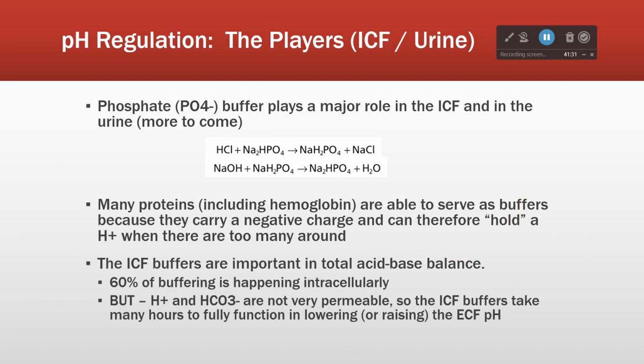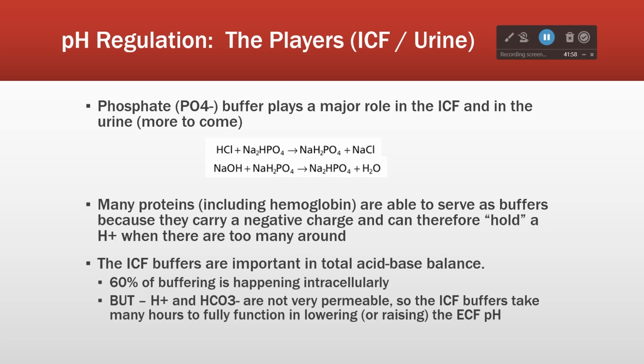Inside of cells, phosphate plays a major role as a buffer. And if you'll remember from your chemistry, phosphate has more elaborate buffer systems, because there's more than one valence state. Again, I just want you to know phosphate is a buffer in ICF. Don't worry about the equations right now.